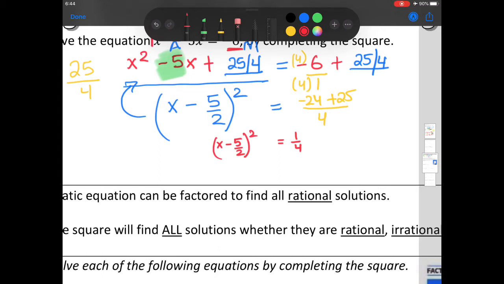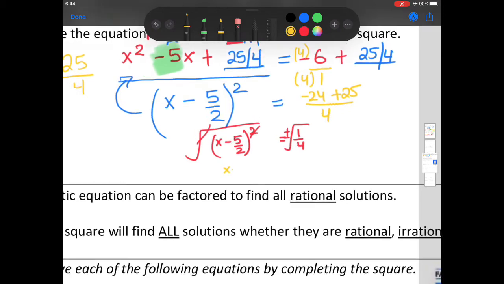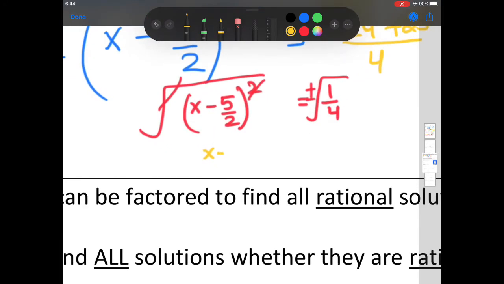Now I want to solve for x. That's our whole goal. So what do we do? Take the square root. How do you undo a square? Take a square root. Whenever you take a square root, remember to put the plus and minus. The square and the square root cancel out. So I am left with x minus 5 over 2 equals, remember this is the same thing as square root of 1 over square root of 4, and plus and minus.